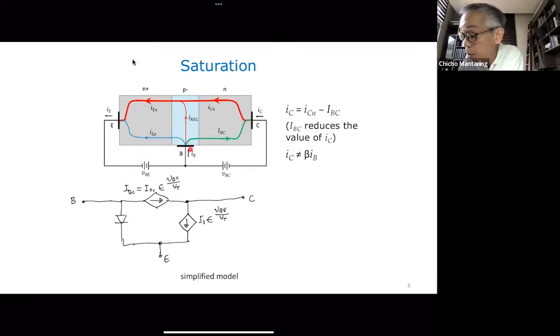But now because this is forward biased, I have a current here, which will now tend to decrease the value of I sub C. So these are now my current components. Sorry, this is this way. I sub E. So this is my simplified saturation model.